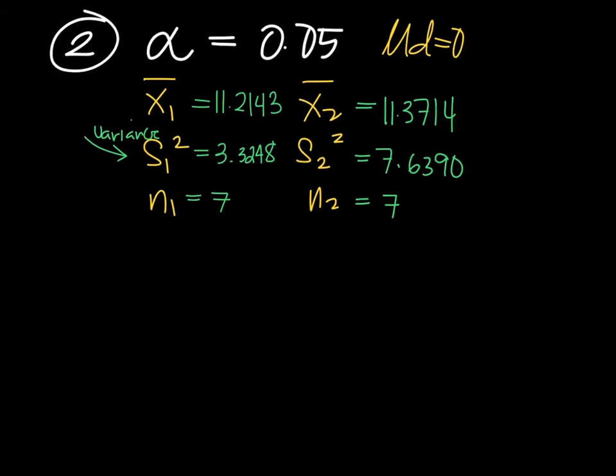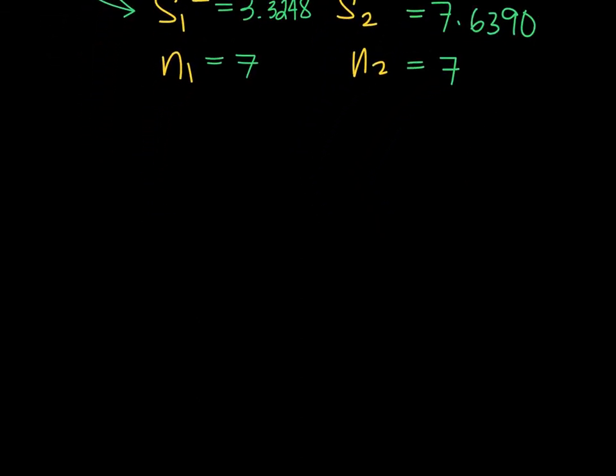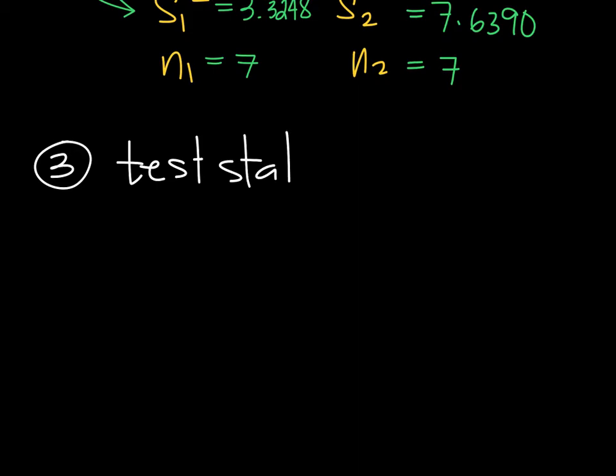Once we are done with the summary of the values that we need, we can go to step number 3, which is the calculation of the test statistic value. Because we have 2 population means, and the variances are unknown but assumed to be unequal, we'll be using a t-test.